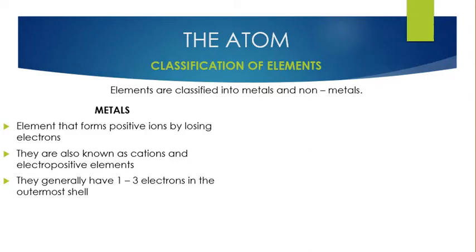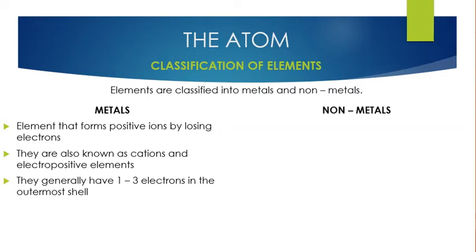Calcium had 2 in the last shell. Aluminium has 3. So you see, most metals have 1 to 3 electrons. With that said and done, now let's look at non-metals.